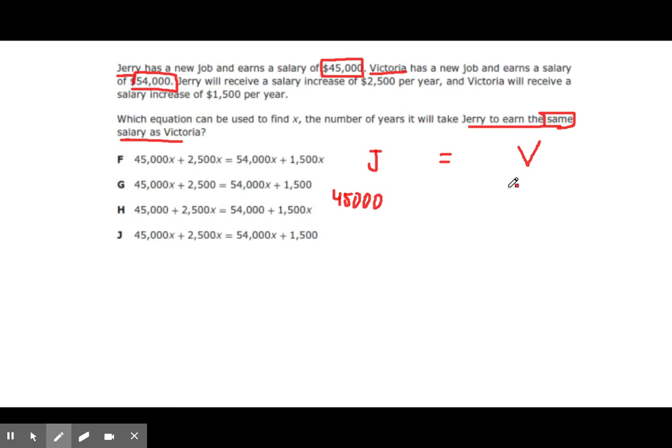Okay, so Victoria earns $54,000. Okay, Jerry, all right, so Jerry will receive a salary increase. That tells me that we are adding, right? So I'm going to add something to this of $2,500 per year.